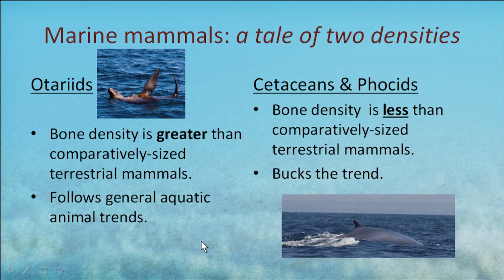So in other words, they have a greater bone density. But the cetaceans and the phocids do not. They actually have the reverse. Their bone density is going to be lighter than comparatively sized marine mammals. And that's a really interesting idea. Why the bifurcation? Why are otariids heavy and why are cetaceans and phocids light?